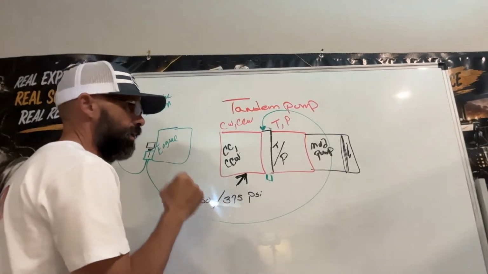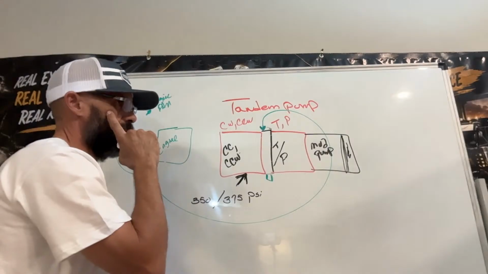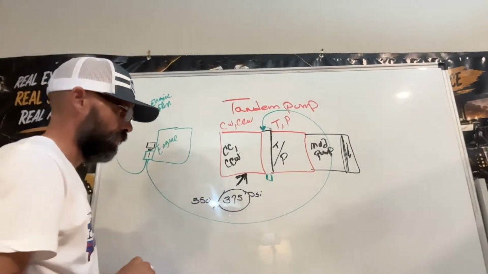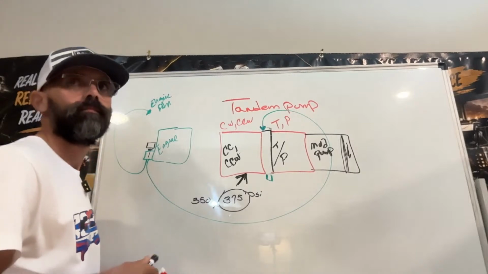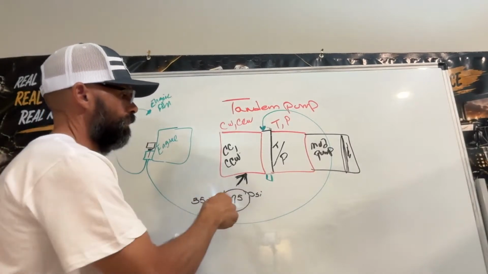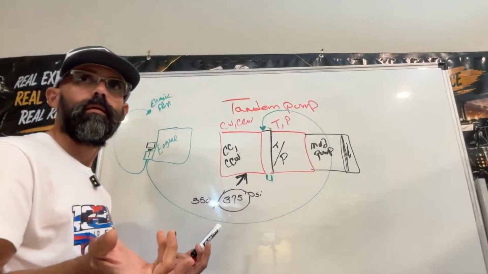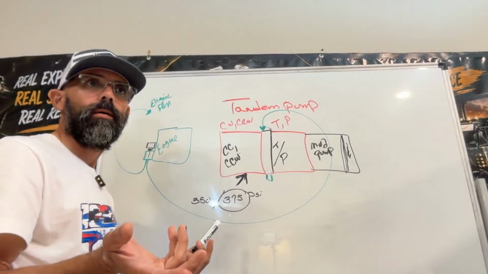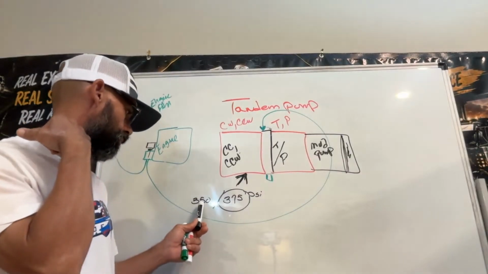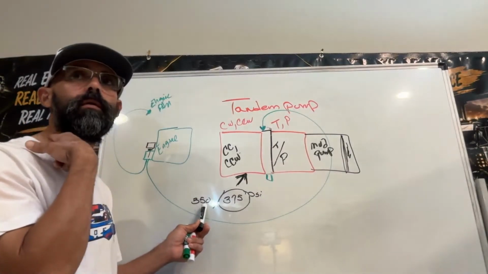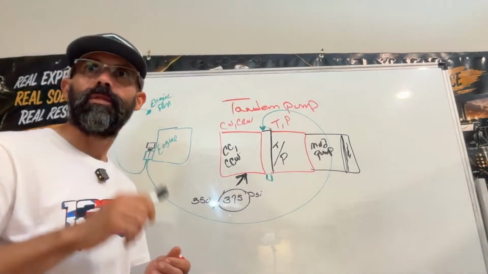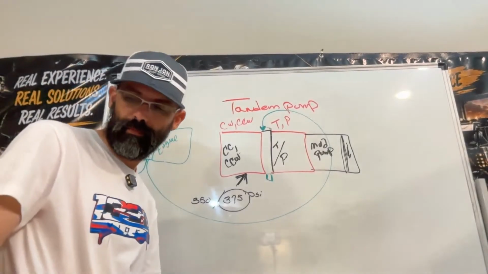I think the latest revision, it's 375, if I remember right. It's 375. So if on your display you're reading that you're low on 350, I'm gonna show you something that you're gonna be able to do.